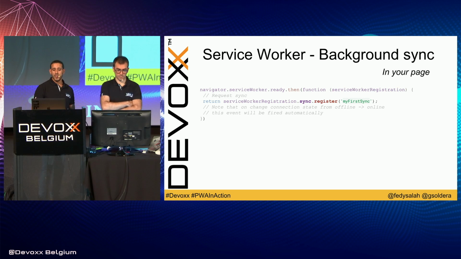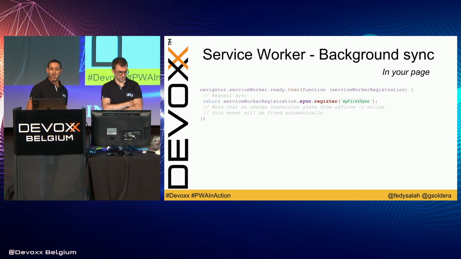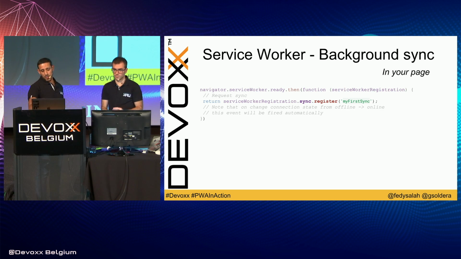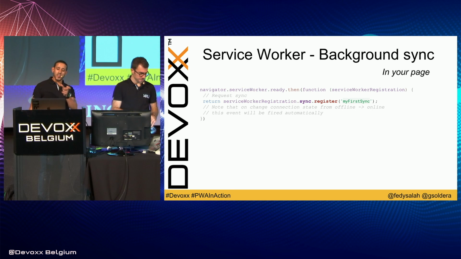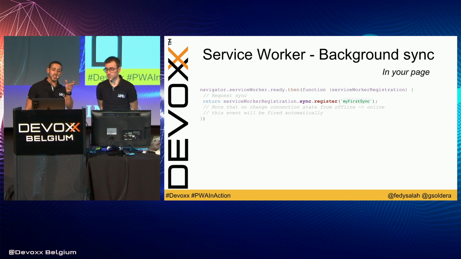So when we talk code, to register for the background sync, everything happens on the registration object. We have an API called sync, and we call the register method on this API, and we can define a tag for a specific event.